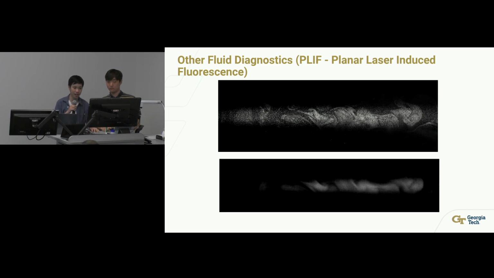The bottom image is the same instance of time of the experiment using PLIF, which is another diagnostic that wasn't discussed at length today. PLIF is planar laser-induced fluorescence, which is seeding a fluid with a certain substance that fluoresces under an induced wavelength of laser.